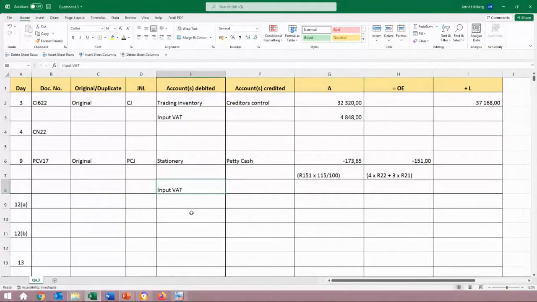What will I debit the input VAT with? What amount? With what amount will I debit the input VAT? What is the value that we will capture in this table?